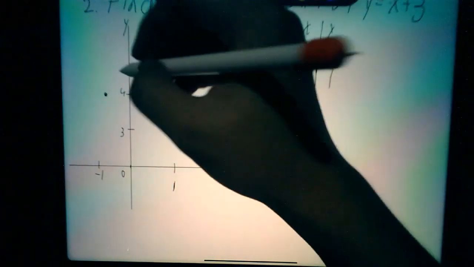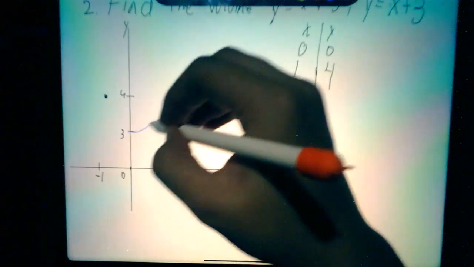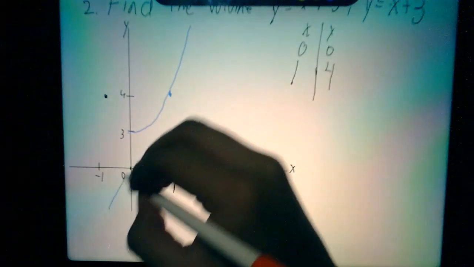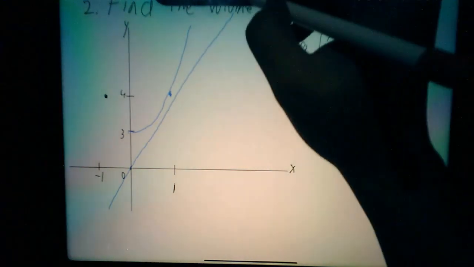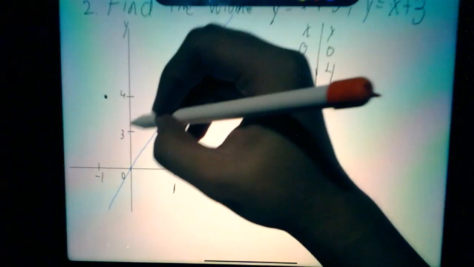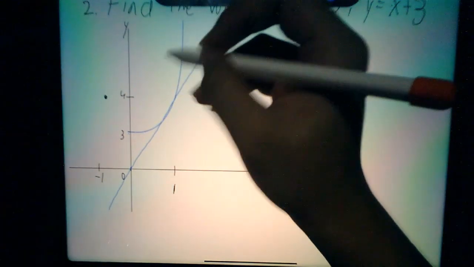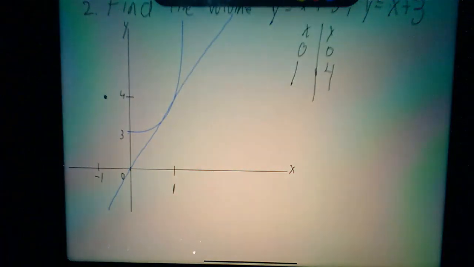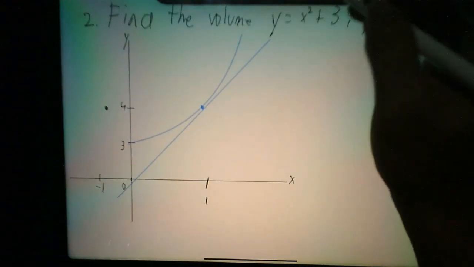This is 0 to 3 here, and this is our y. Let's say this is our area of interest.